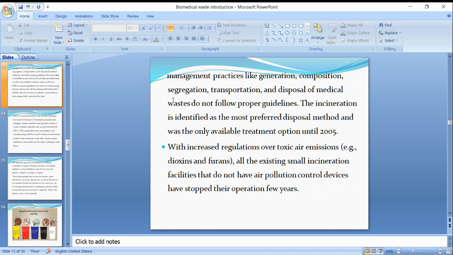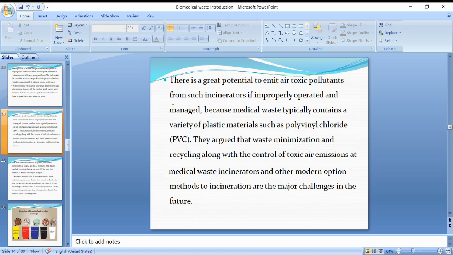So all the existing small incineration facilities that do not have air pollution control stopped their operation in a few years. For the incineration process, they should have some control devices, and those who did not have them stopped their process.